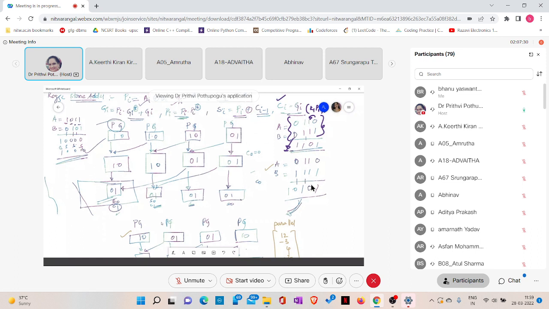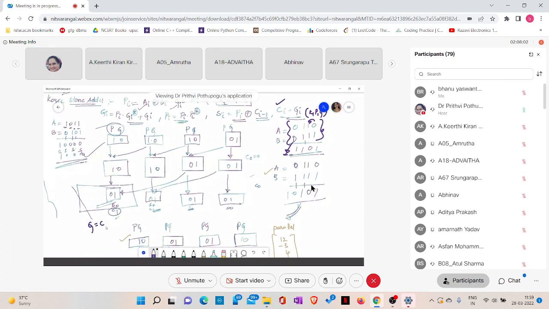Finally, once that bit position gets stabilized, there is no further neighbor available, which means it is stable. At that point, the value of generate is the carry.